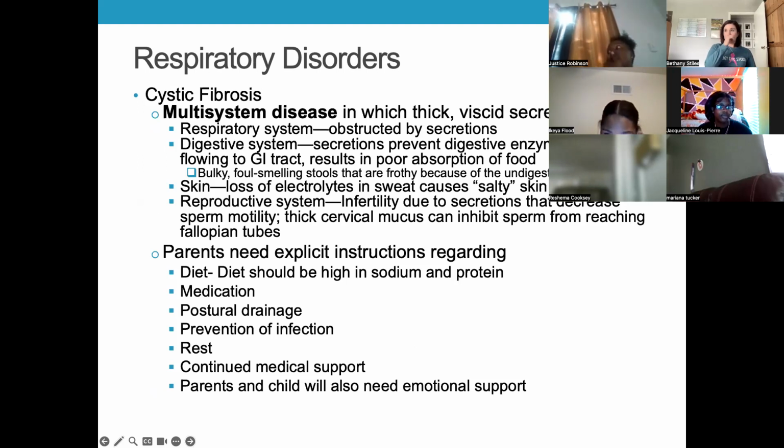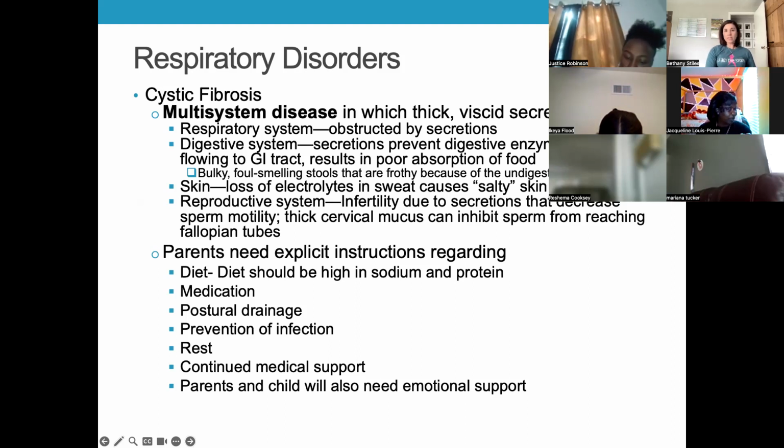Cystic fibrosis is another common pediatric respiratory disorder. It is a multi-system disease in which thick viscous secretions affect our respiratory system, our digestive system, skin, and reproductive systems. So with our respiratory system, you just see those obstructions caused by the thick secretions.